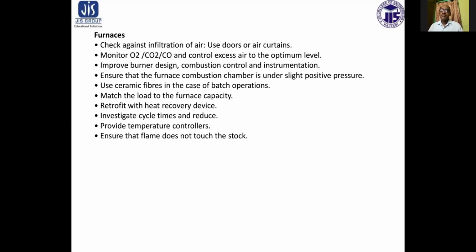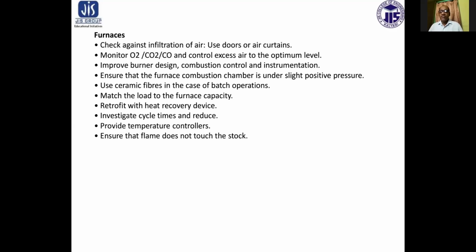Furnaces. The furnaces are very useful. So we need to check the infiltration of outside air. Use doors or air curtains to check the infiltration of the outside cold air into the furnace.